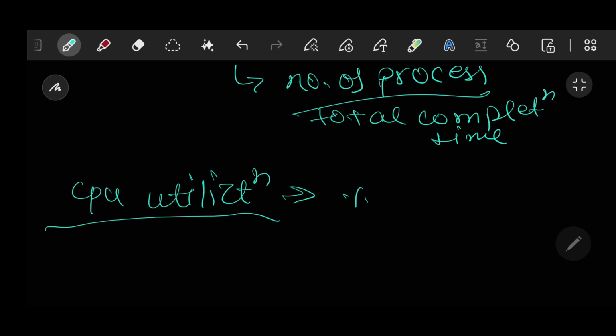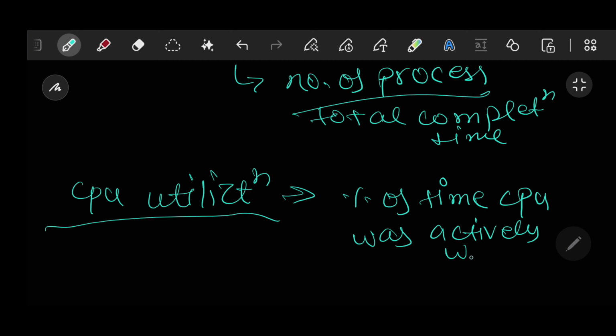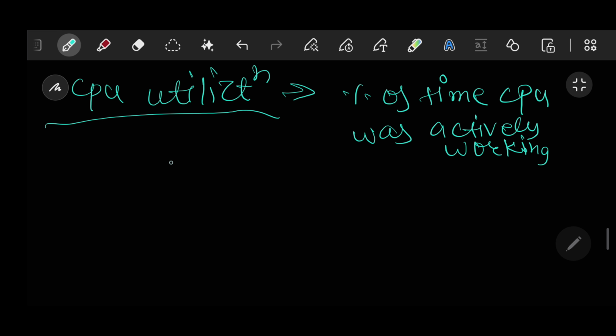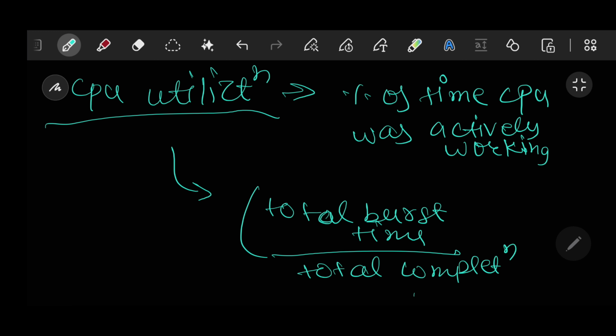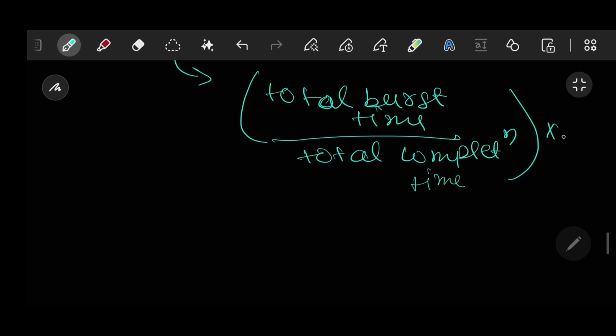It is the percent of time the CPU was actively working. The formula to calculate it is total burst time divided by total completion time, multiplied by 100.